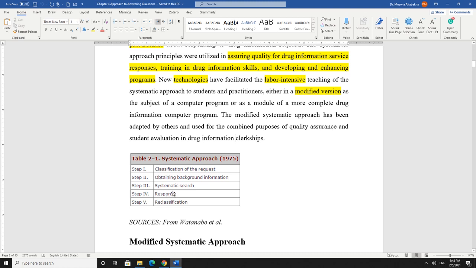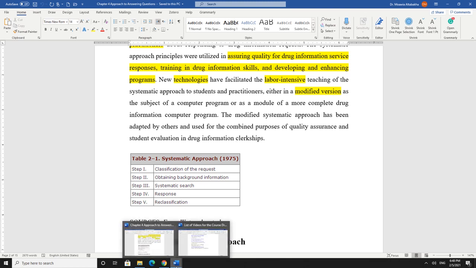according to the information they gathered. And after they respond to the requester, they might reclassify the question type, because when the question is answered, at that point the requester might ask some additional questions, or he might say, it wasn't this that I was looking for.